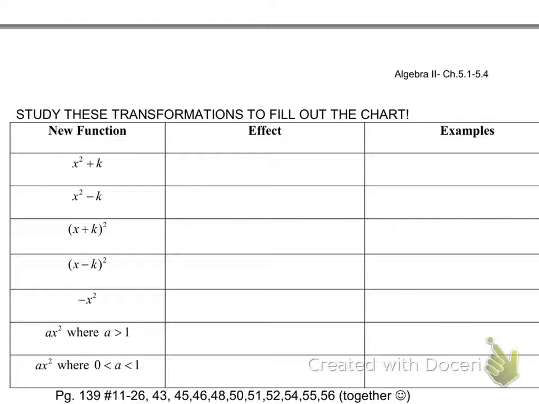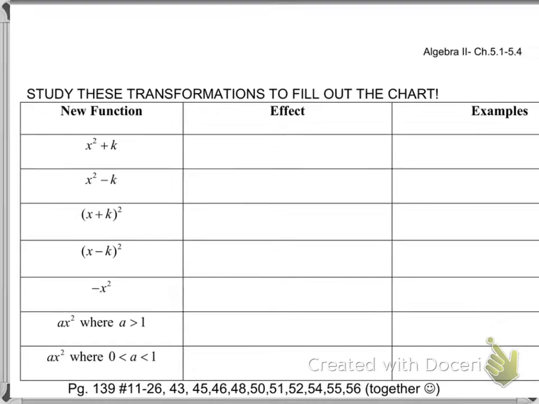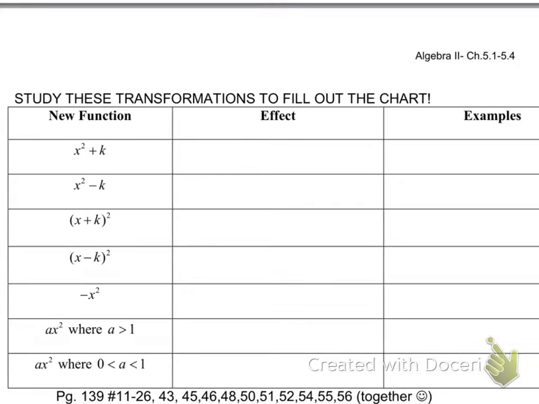Okay, so if you go to the next page on the back, we have this table. These are all the general rules. Notice that we don't just have plus k like we did on the front. We had plus 5, but we also have minus. So it's important to know the difference. If it's plus, just like we knew from the front of the worksheet, it is a shift up.